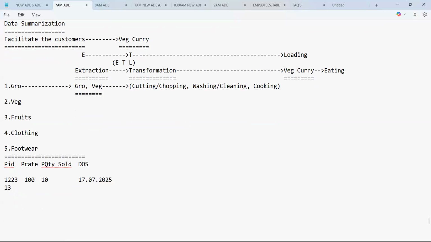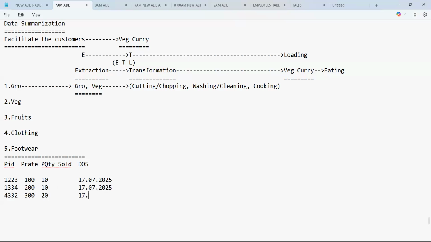In the same way, the second one: 200 is the rate, 10 is the product quantity sold, and date of sales is 10/07/2025. And then you have something like this: 300 is the rate, 20 is the quantity sold, and date of sales is this one.